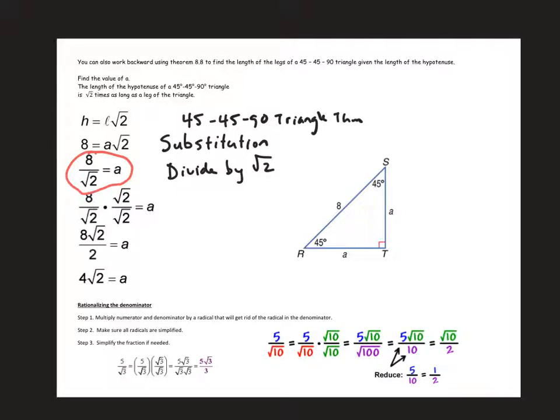In rationalizing the denominator, we simply multiply by the square root of 2 over the square root of 2. And when we multiply by the square root of 2 over the square root of 2, that number is really 1. So I'm not changing the problem, but I'm changing the way that it appears. So when I multiply by the square root of 2 over the square root of 2, that's what we call rationalizing the denominator.